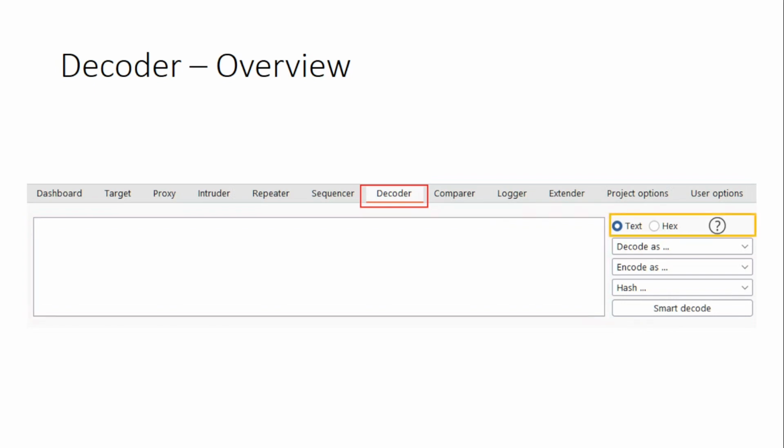Then there's the option to select between treating it as text or treating the input as hexadecimal. And then we have this drop-down menu to say decode as, encode as, or hash the input. And finally, the smart decode, which attempts to decode the input automatically.